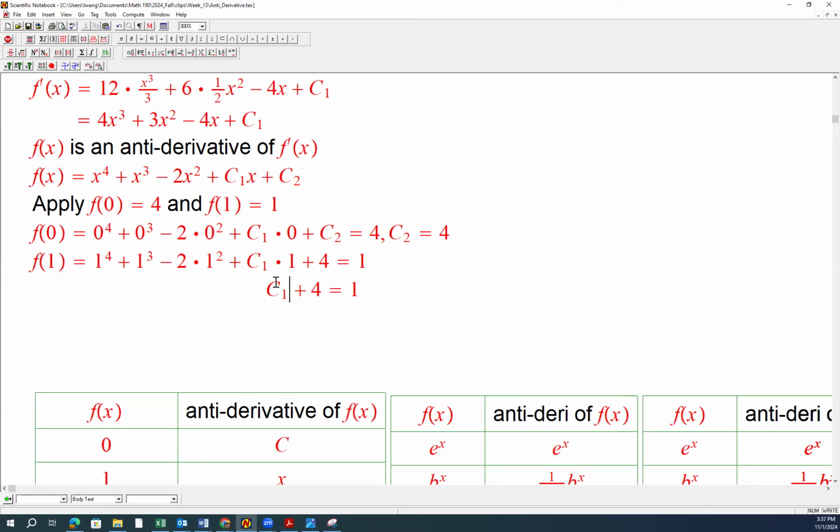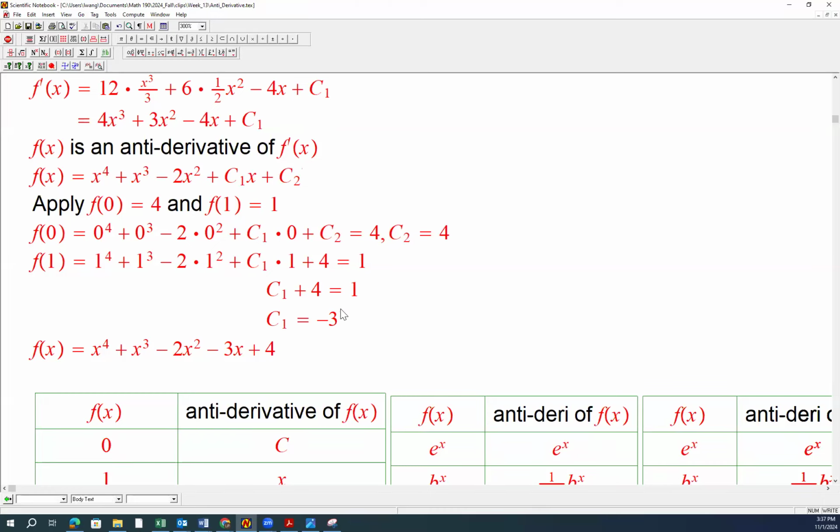C1 times 1, of course, that's C1. So finally, C1 would equal -3. So finally, our final answer, the f, would be the result of substituting C1 by its value and C2 by its value, which equals 4.